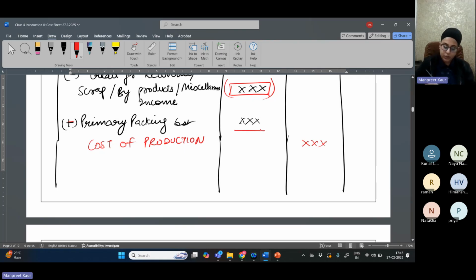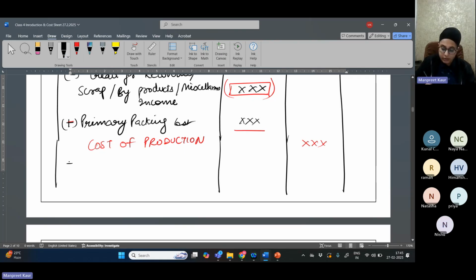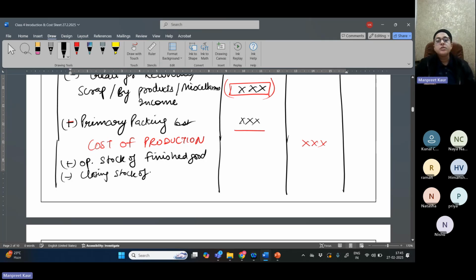In cost of production, we will adjust opening stock of finished goods minus closing stock of finished goods, because finished goods is adjusted in cost of production to get the cost of sales, cost of goods sold.